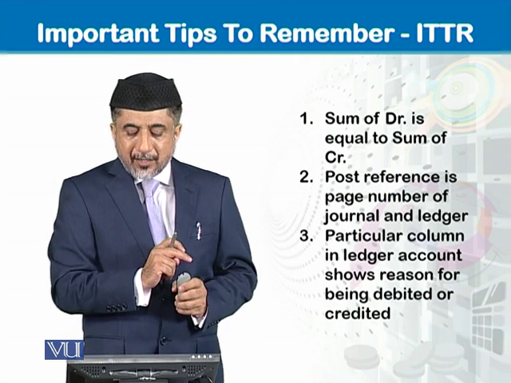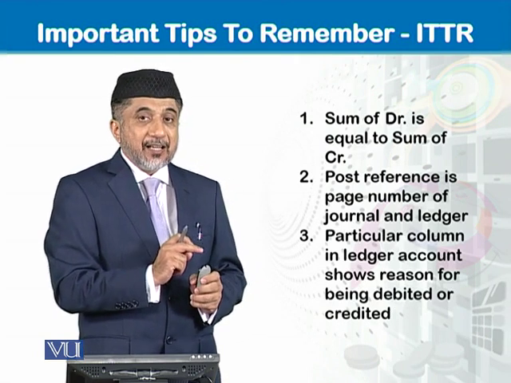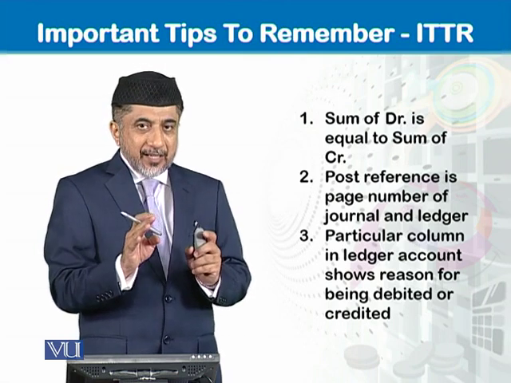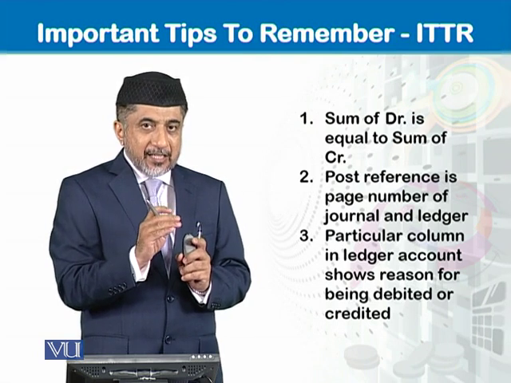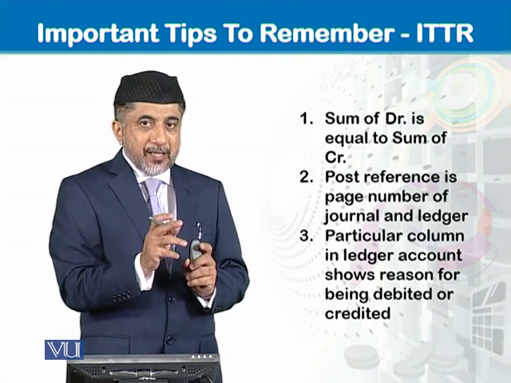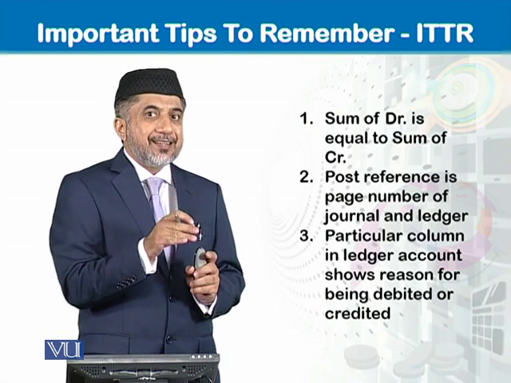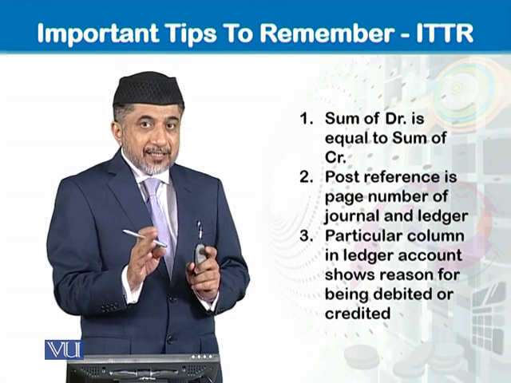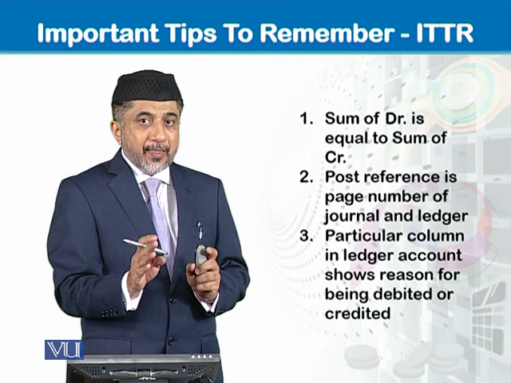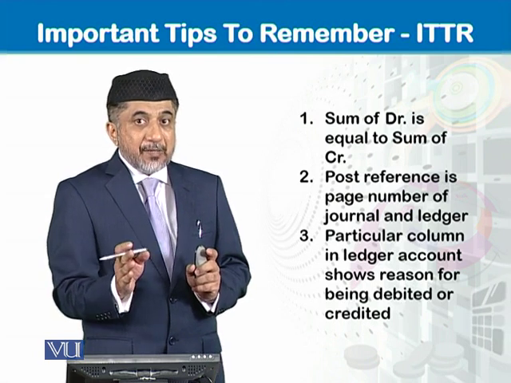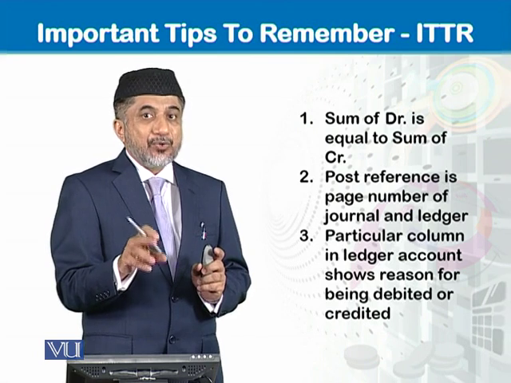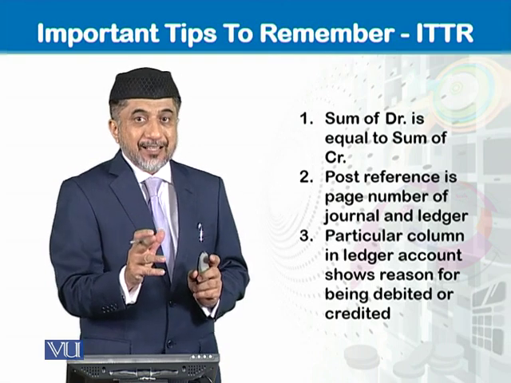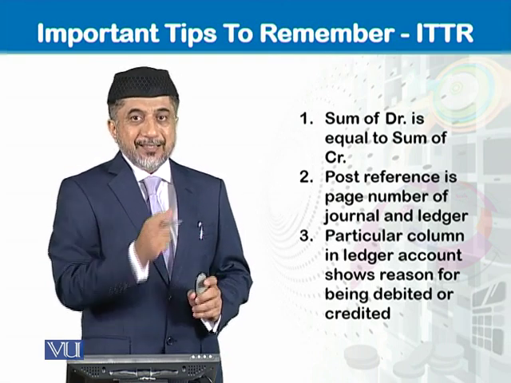And the particular column in a ledger account shows the reason for being debited or credited. If we put information in the particular column on the debit side of cash, it means cash is being debited for that reason. Or if we put some information in the particular column on the credit side of capital, it means capital is being credited because of this reason. So whatever information we put in the particular column is in fact the reason for being debited or credited. Thank you.